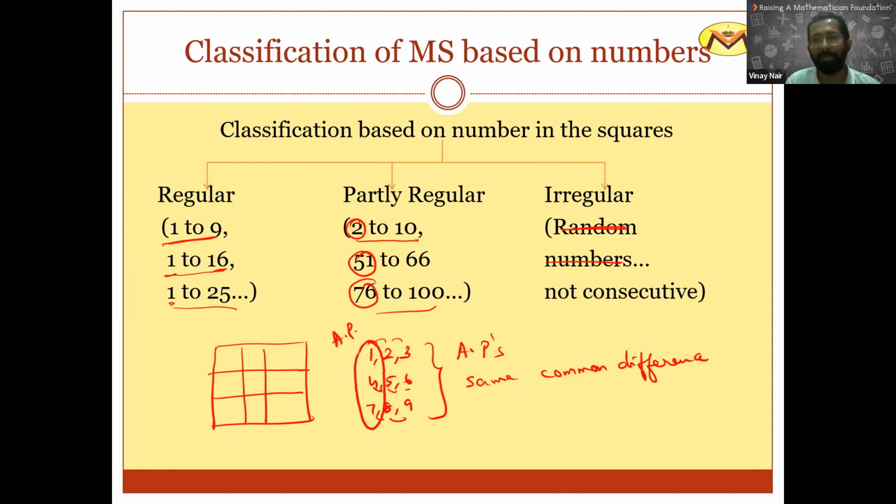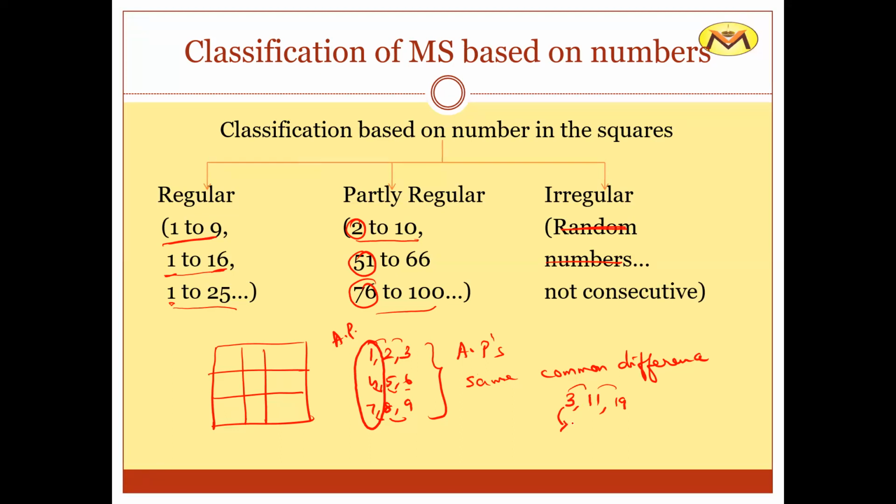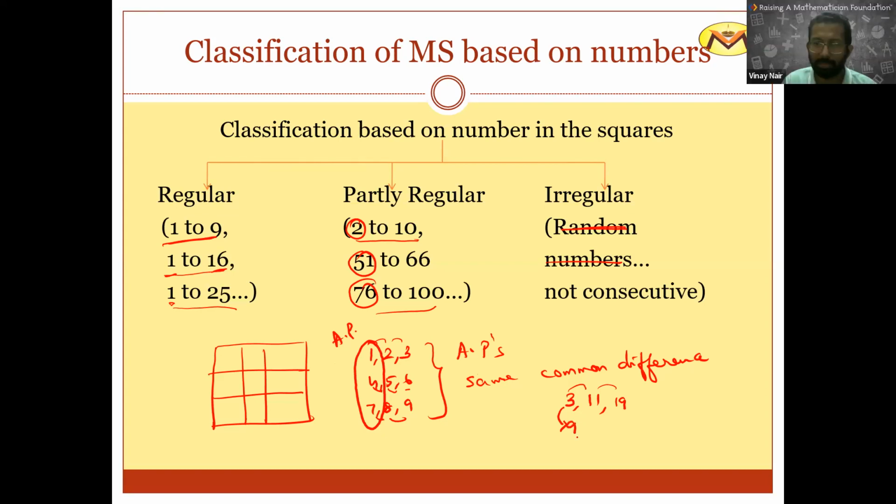1, 4, 7 is an arithmetic progression. So if you take 3 arithmetic progressions, let me take something like 3, 11, and 3 plus 8, which is 19. And suppose I take, for instance, 6 as the difference for the first terms. All the rows are in arithmetic progression here. 6, 9. Yeah, you are correct.